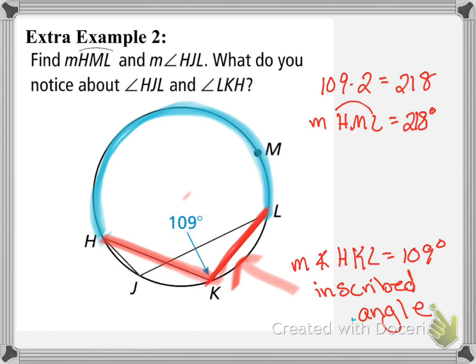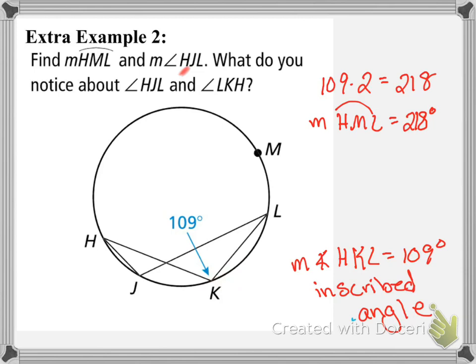And then it says, what about the measure of arc HJL? Okay, so I know you probably can't erase this in your notes, but I'm going to erase it in mine. And we're going to now look at a different arc. Let's switch colors, switch gears, let's go green. So now we're looking at arc H to J to L. Compare it to that blue one that we just had.